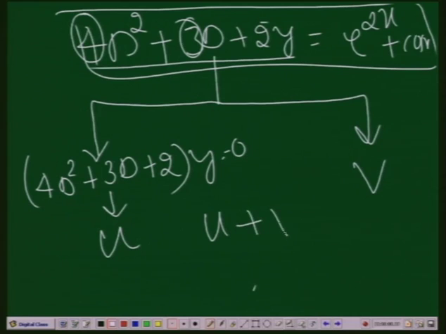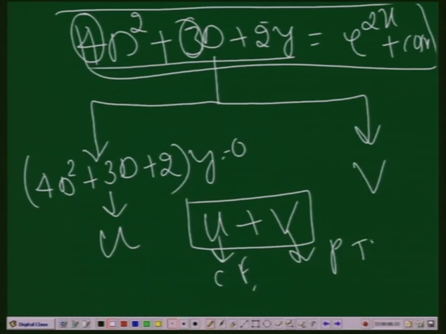Now u plus v together will be a solution of this entire differential equation. u is known as the CF and v is known as the particular integral. You are familiar with this. y equals u plus v is a solution.